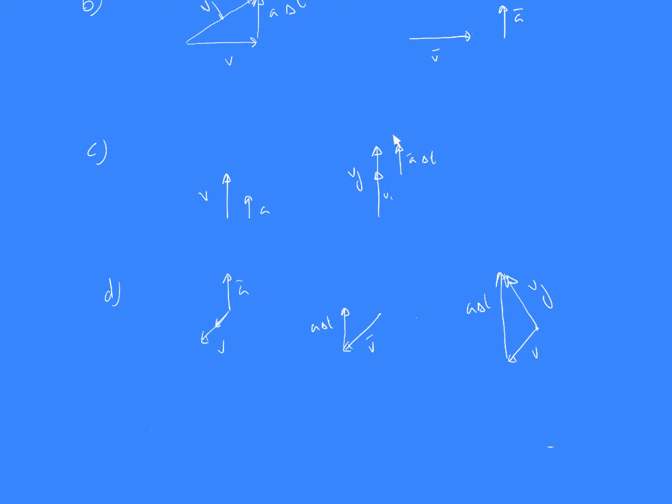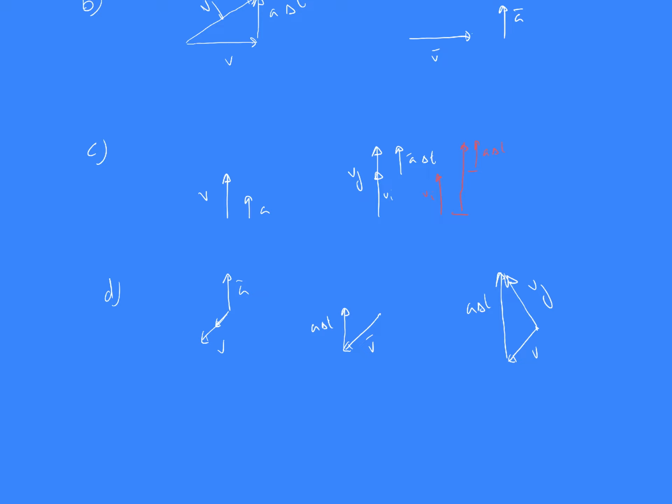Vi, the initial velocity, is this one. So v final is this one. This is v final, this is v initial, and this is a times delta t.